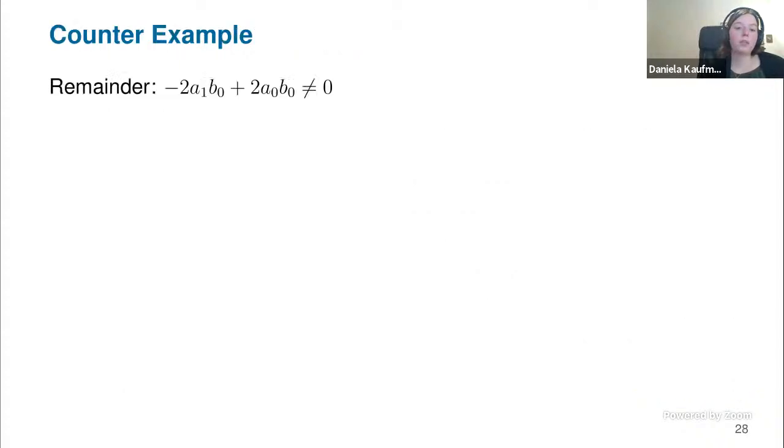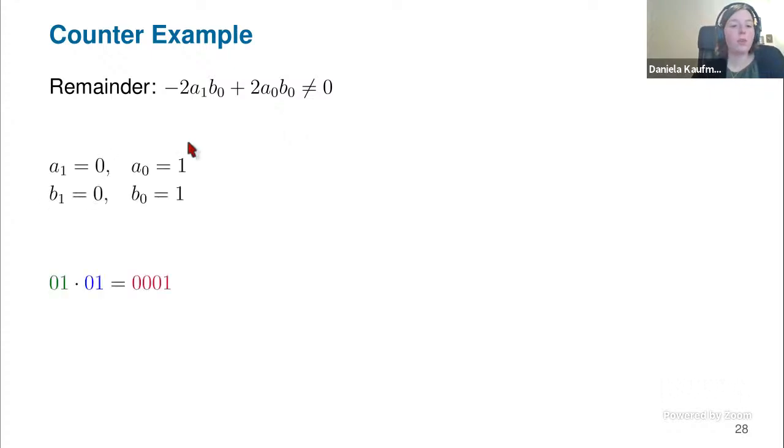And from this remainder, we can also derive counterexamples, so concrete assignments for the inputs where we see that the circuit computes a wrong result. For doing that, we choose an assignment of the inputs such that this polynomial evaluates to something which is unequal to 0.